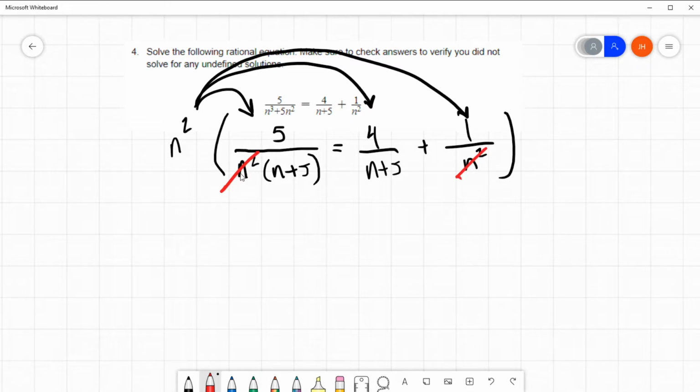That'll let me get rid of those denominators. And on this guy, we will end up with an n squared on top, right?